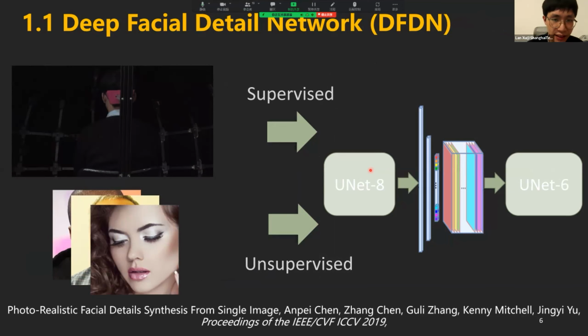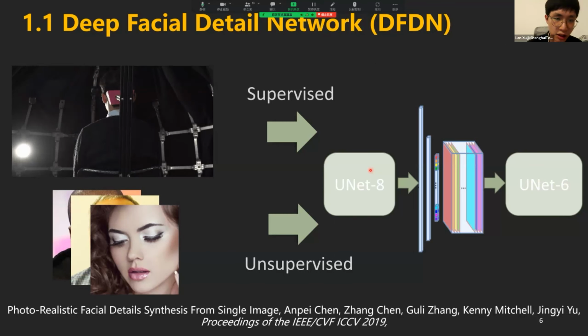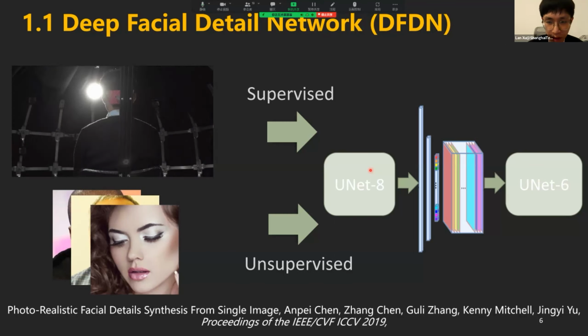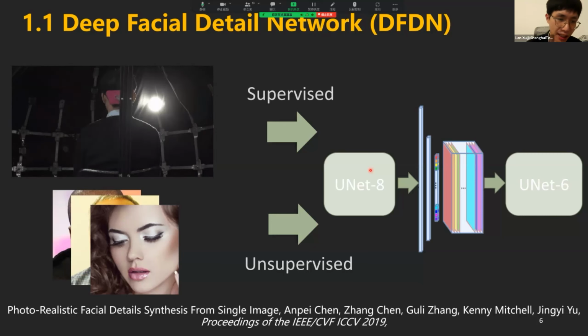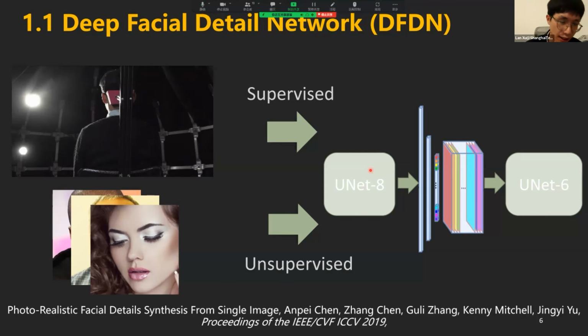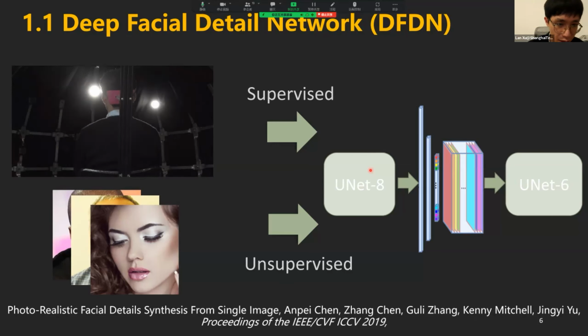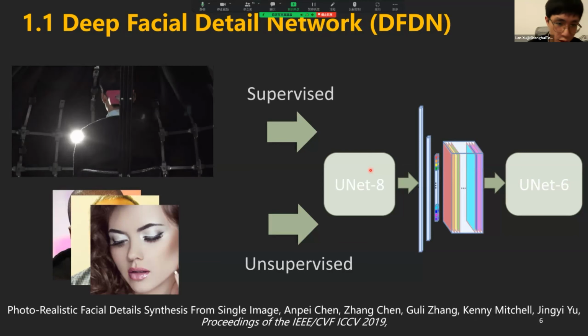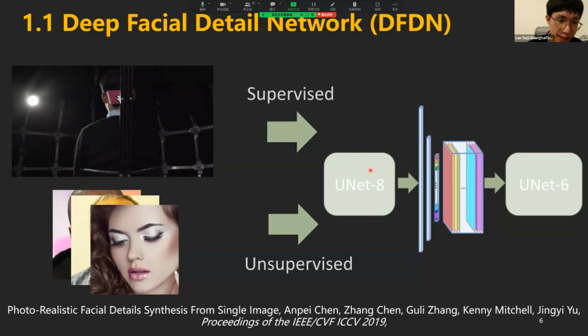We also combine supervised and unsupervised learning into a conditional GAN pipeline to combine the facial geometry details captured in our light stage systems, and we would also like to generalize it to various image inputs.